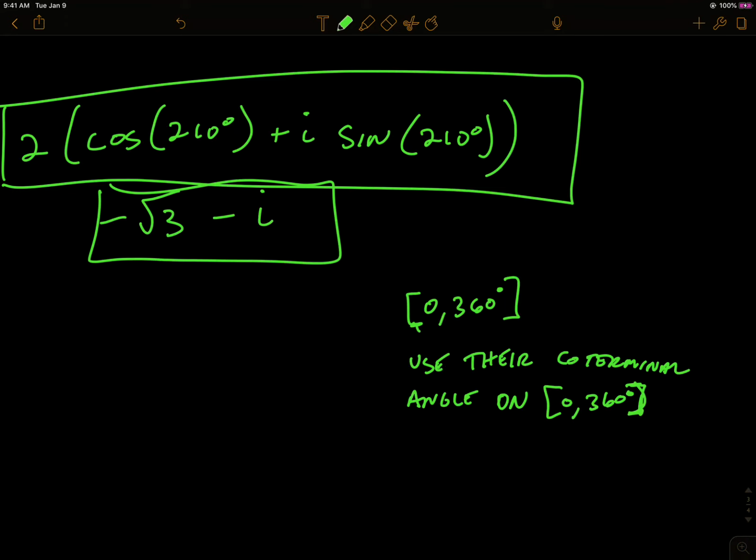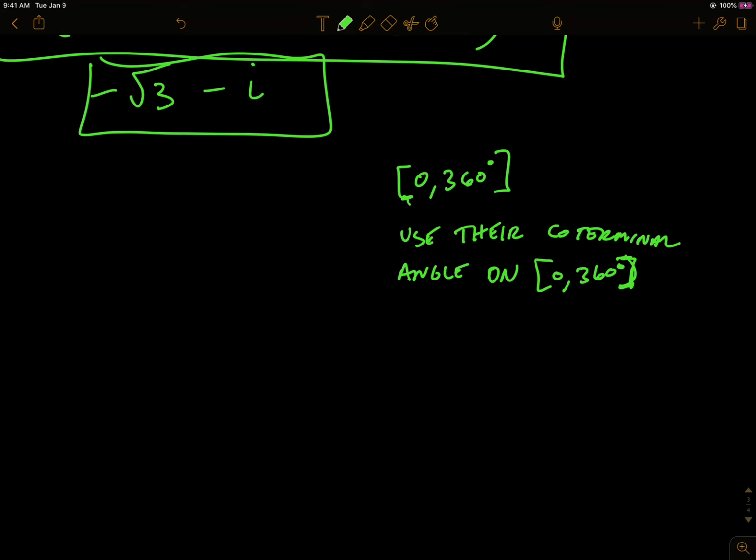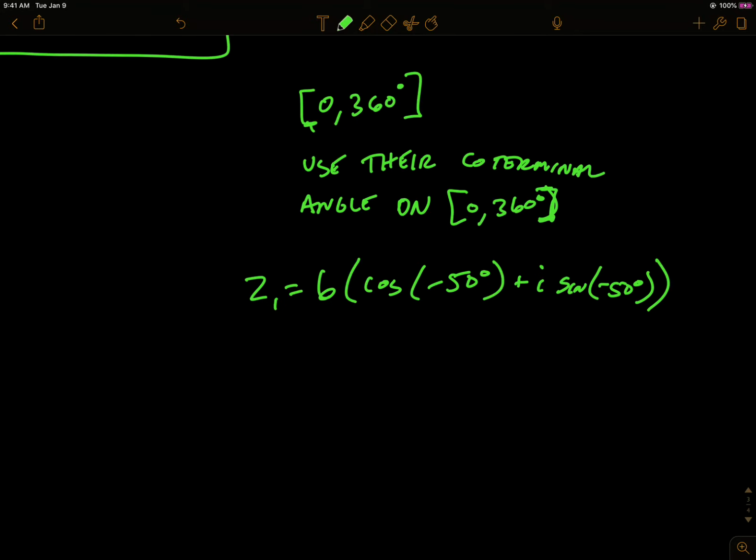What I mean by that is, if I said Z sub 1 is 6 times cosine of negative 50 degrees plus i sine of negative 50 degrees, if I give you that angle, we're not using the algorithm with that number. The angle has to be between 0 and 360.